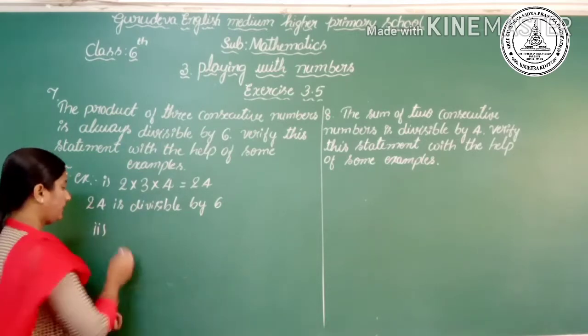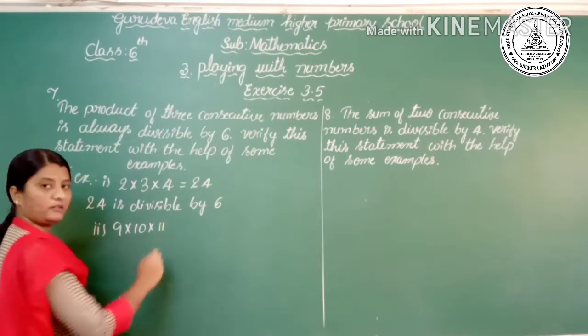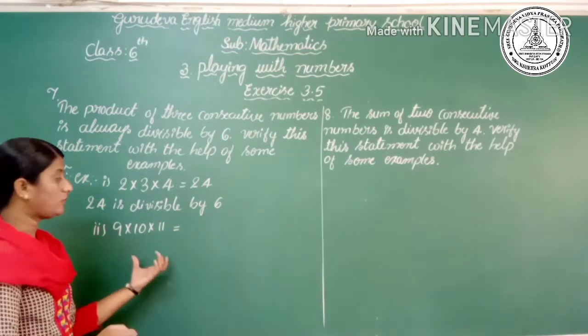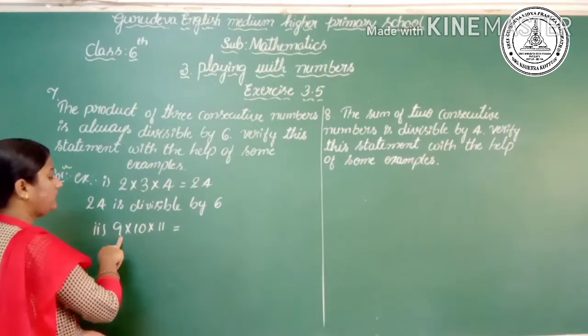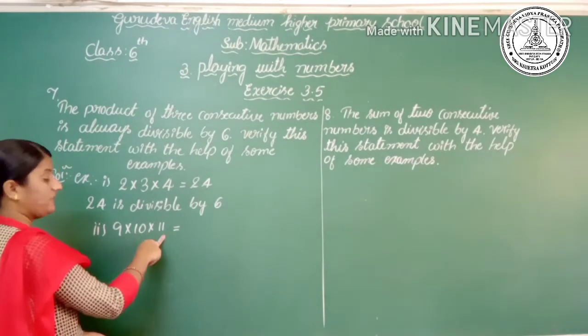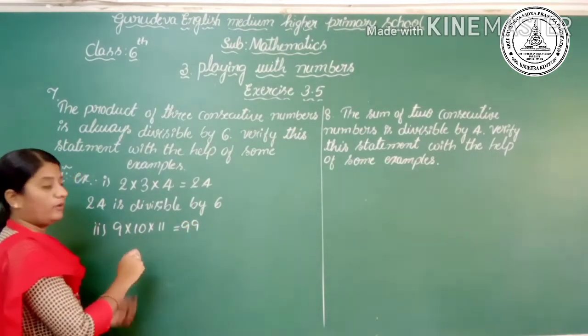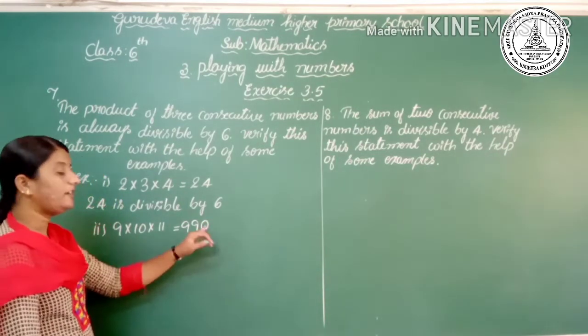Okay. Then similarly take one other example: 9, 10, 11. Yes, 9 into 10 into 11. What is the product of these three consecutive numbers? 9 ones are 9, 9 elevens are 99. Then I left to multiply by the 0, and at last 990.